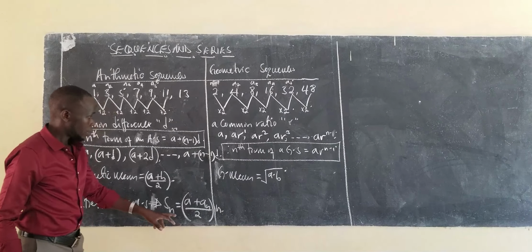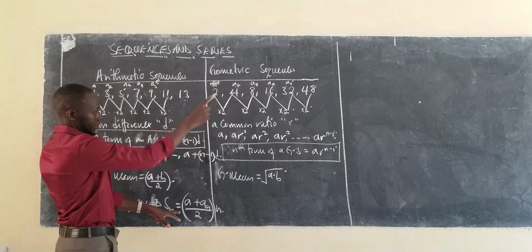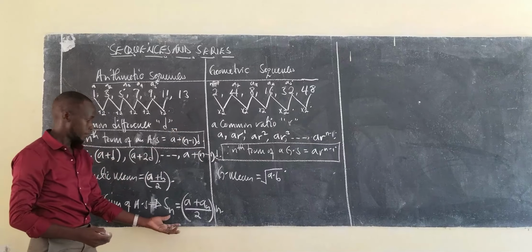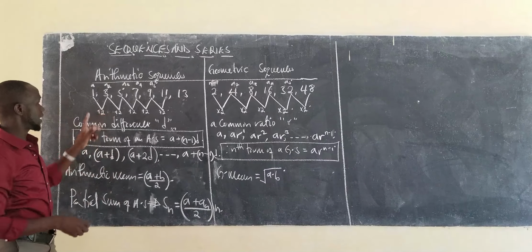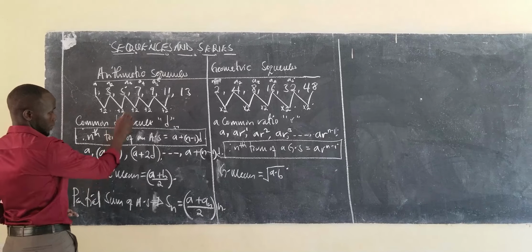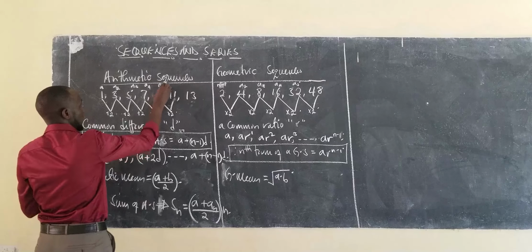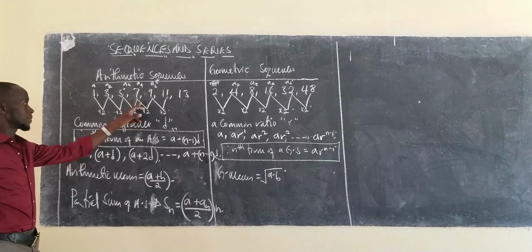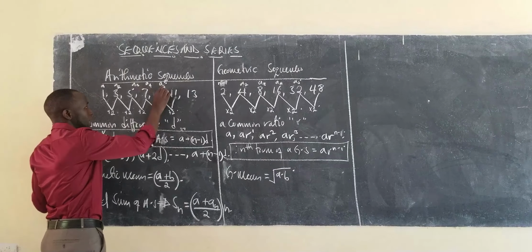Now, because space is limited, I'm going to write on the other side. Just to show, if they wanted us to get the partial sum of the first 5 terms of this arithmetic sequence, they want us to add up to 9.